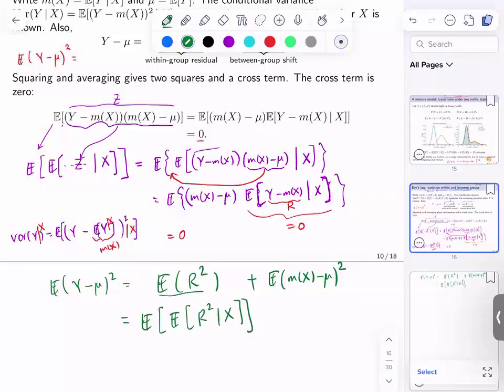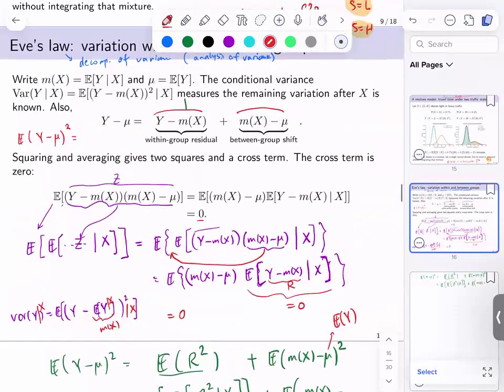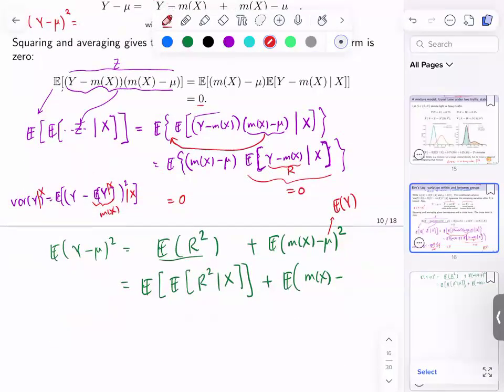This is the same as doing the conditioning and then another expectation. And here, this is just the expectation of m of x. We know that, by definition, this is the expectation of y, and it turns out to be equal to the expectation of m of x. So this mu is the same as this, and then I have a square.